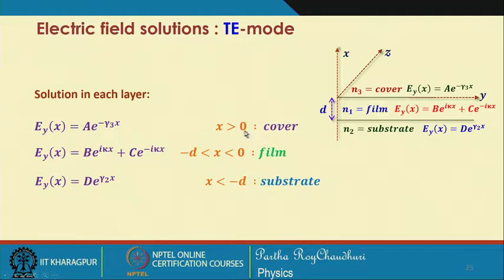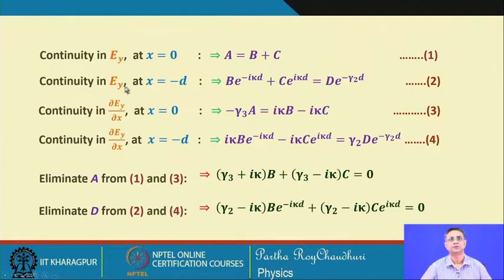So, we set the coordinate system this time at this layer, and this will be x equal to minus d, and this is x equal to 0. Now we bring in the continuity conditions: at x equal to 0 you have a equal to b plus c.